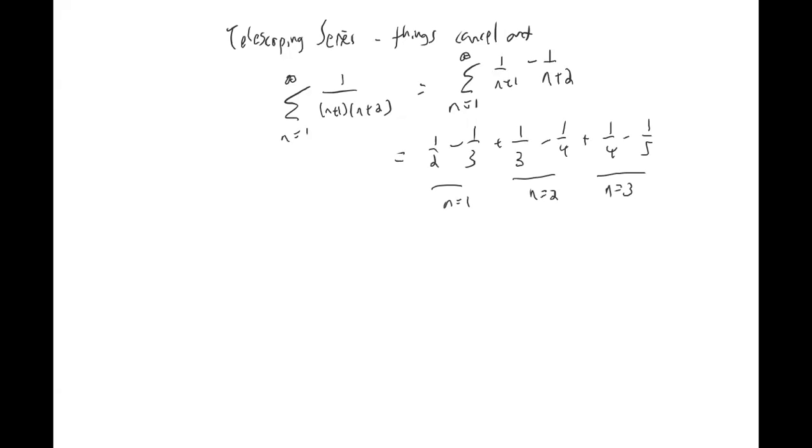Maybe I'll do one more so hopefully you all see what's happening. Basically everything but the first and last terms go away, right? Do you all see that? This is what I mean by things cancel out.